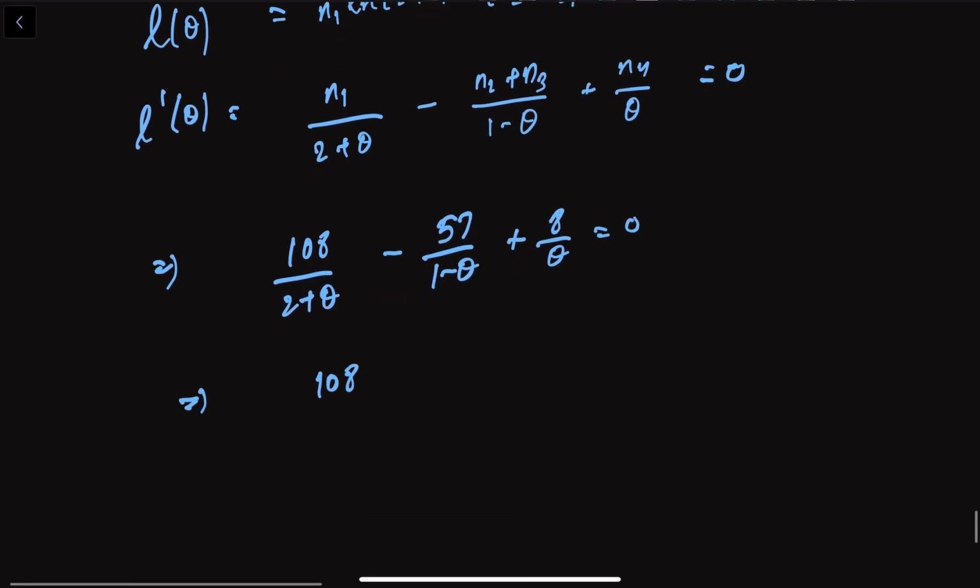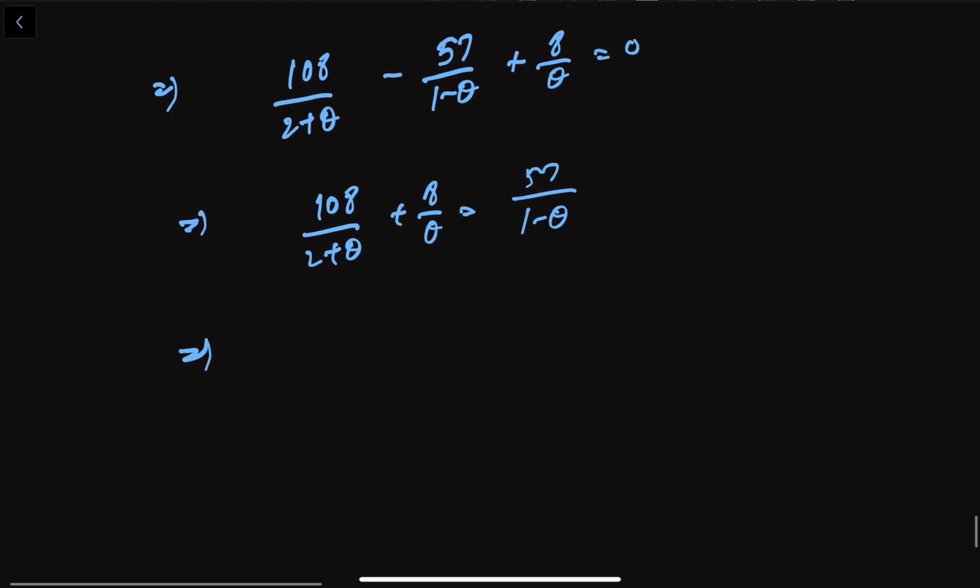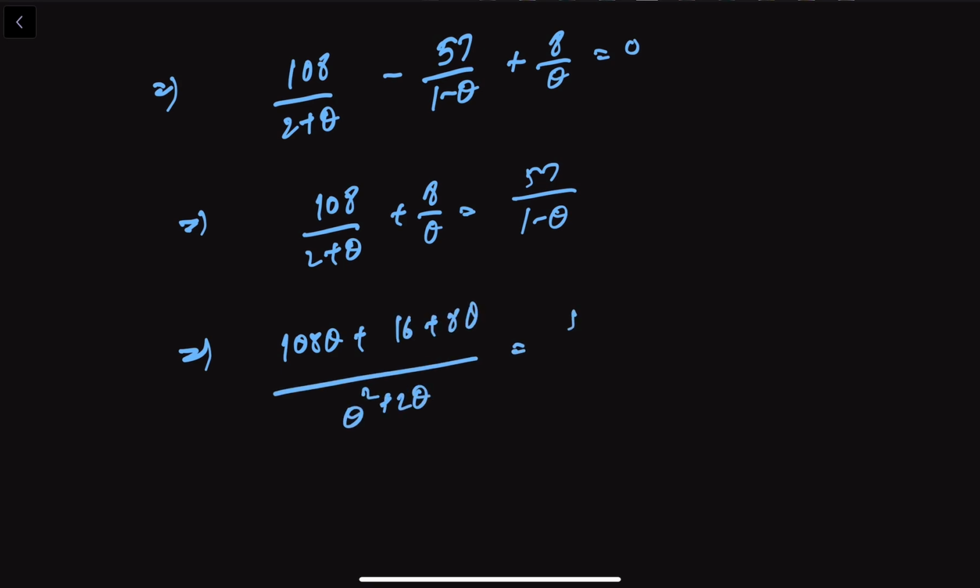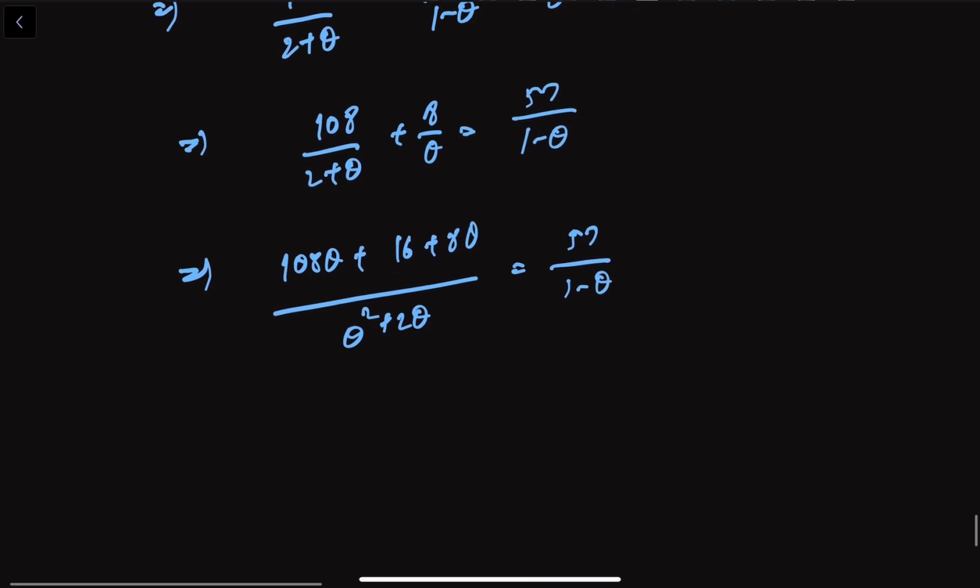So 108 by (2 plus theta) plus 8 by theta is 57 by (1 minus theta). That means (108 theta plus 16 plus 8 theta) by (theta square plus 2 theta) is equal to 57 by (1 minus theta).